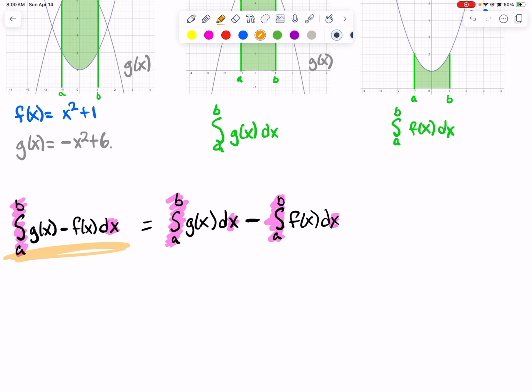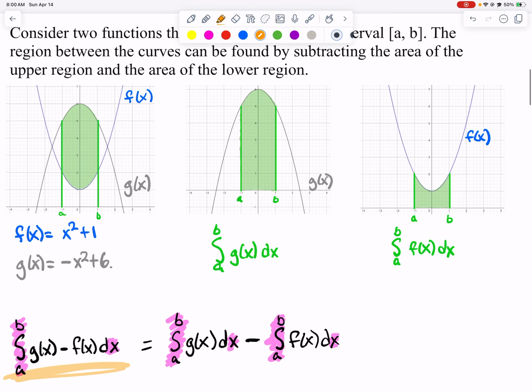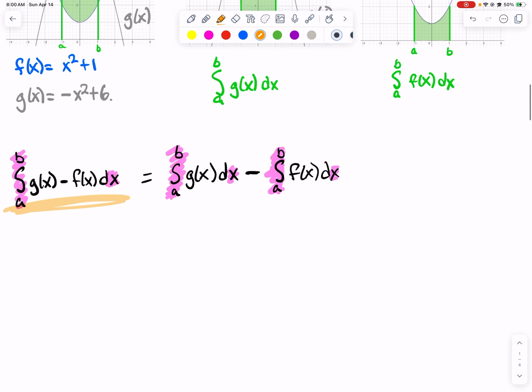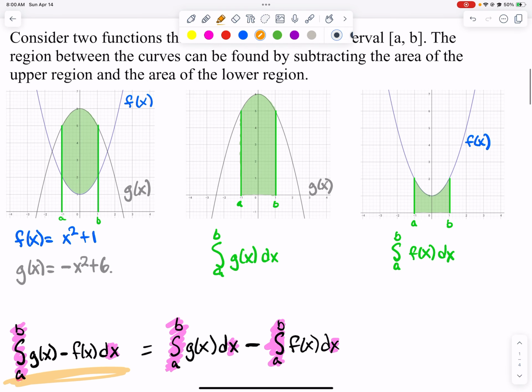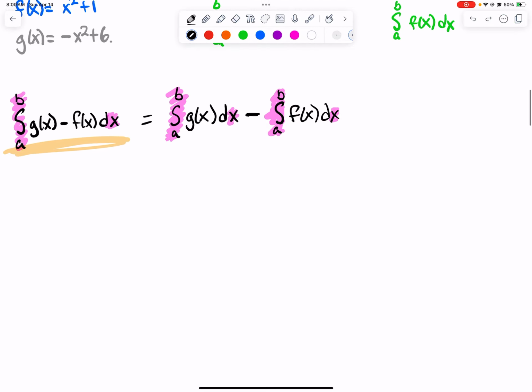Alrighty, let's figure out what our area between those curves is. Our top curve in this one was g of x, so we'll start with g of x. G of x is negative x squared plus 6.